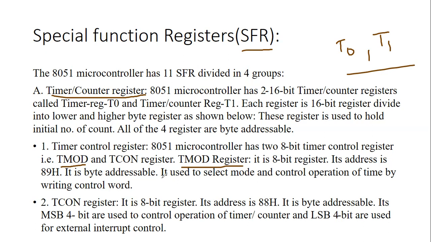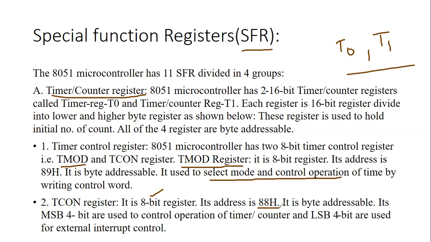It is byte addressable and used to select the mode. Basically, the TMOD register is used to select the mode and control the operation of the timer. And the TCON register is also an 8-bit register, address 88H.